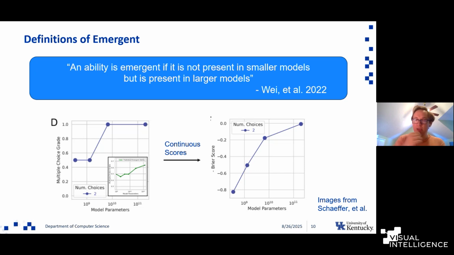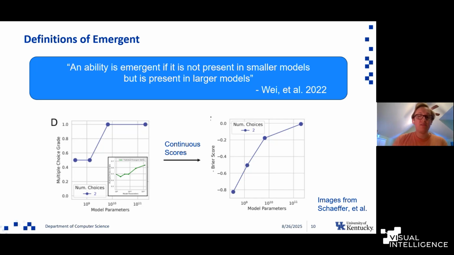This is from a great paper, Schaeffer et al., called Emergent Abilities or a Mirage, which I think is a bit of a strong title, but it's essentially saying that the way you measure accuracy matters a lot. But we still see here, even with this continuous score, that as we increase scale, the models are getting better and better and better, which makes sense.